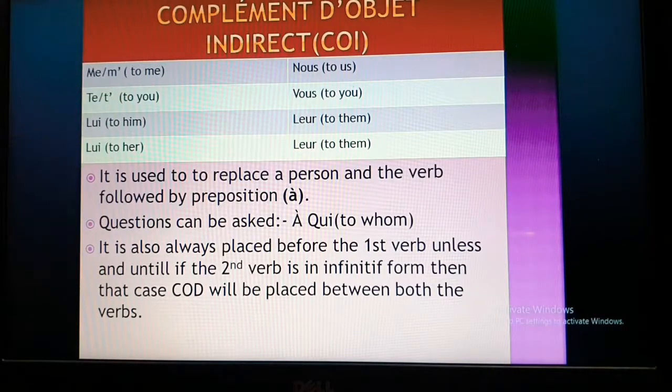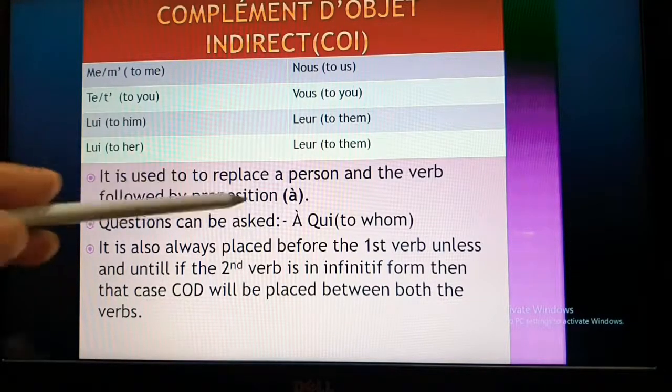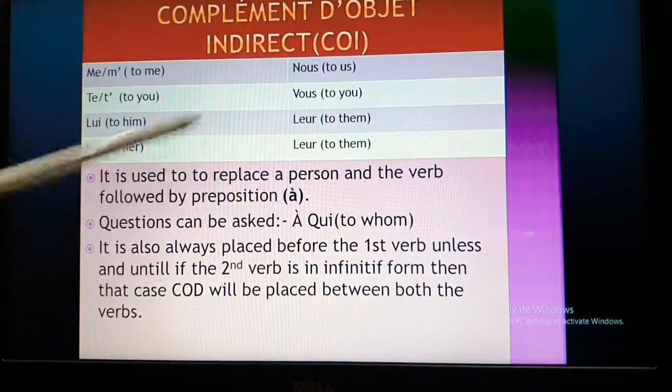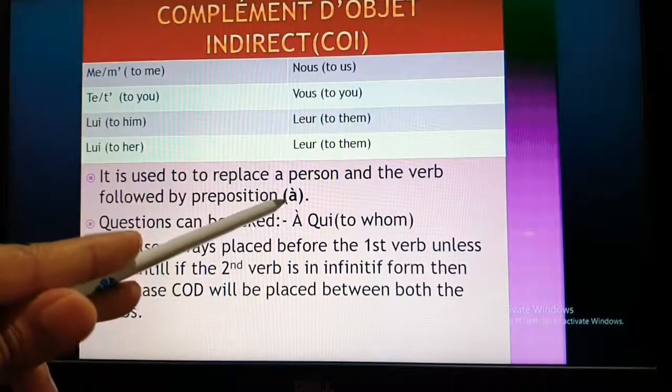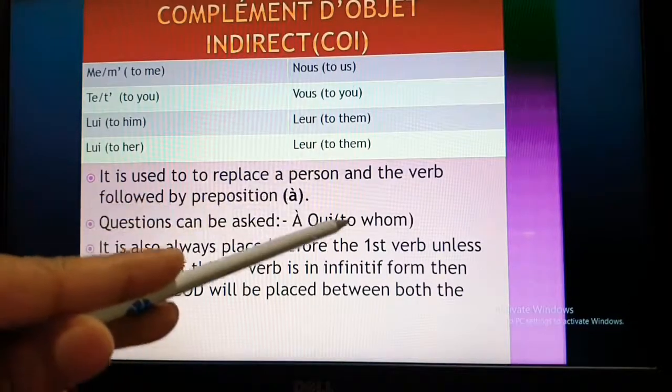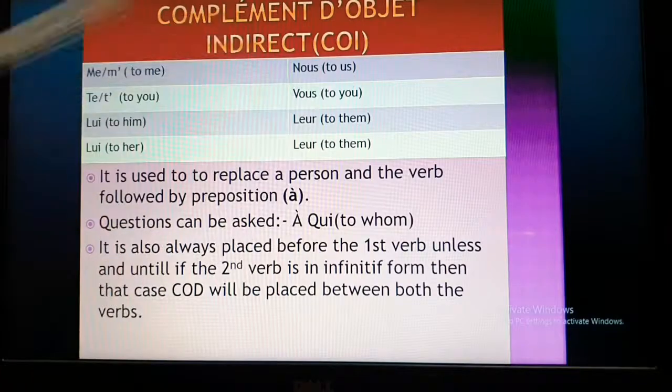Now it is used to replace a person and the verb followed by the preposition à. With this preposition à, we have to see if à is there and after à we have a person, we have to replace it by COI. So the question can be asked, à qui, to whom?